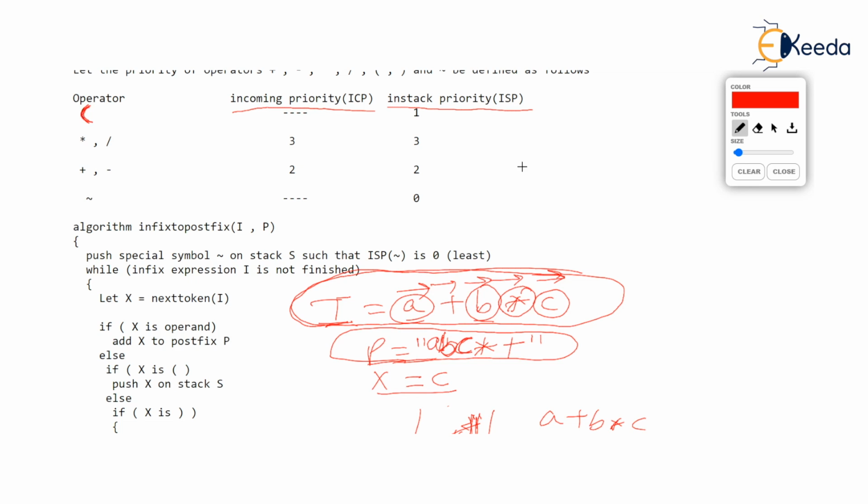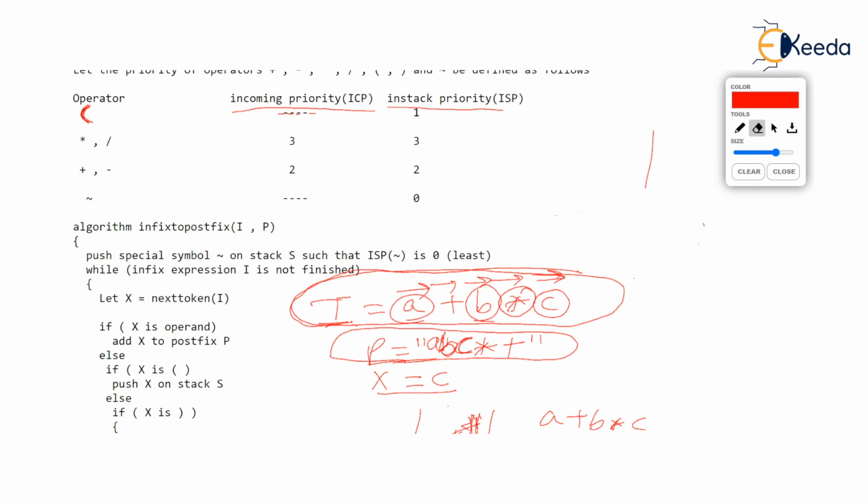Whenever open bracket comes in, I am going to simply push it on the stack. I will never compare priorities. That means the if statement written is, if X is open bracket, then push X on the stack S. I am not even going to check the priorities. If I am not going to check the priorities, then what is the sense in defining the incoming priority of open bracket? I hope you are getting it, isn't it?